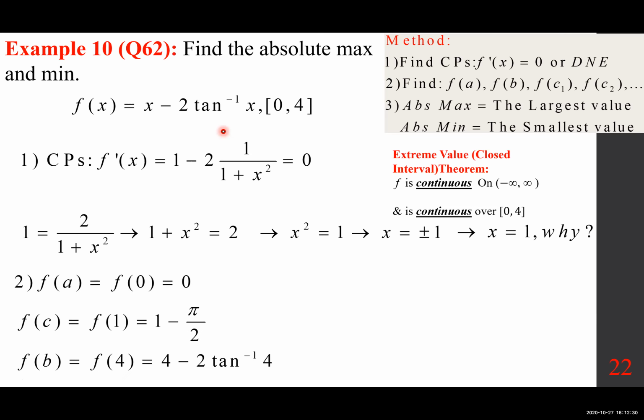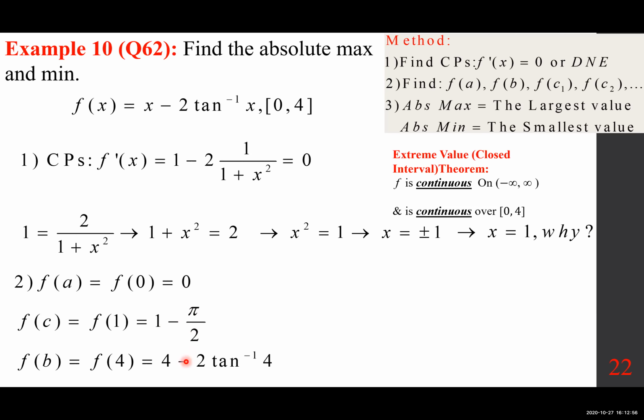Now, I hope everybody's comfortable with the concept. We are evaluating, okay? Now, you have to use a calculator to come up with that as an approximation. I hope you realize this is negative because pi is 3.14. You divide it by 2, it's about 1.57. So this is negative, 1 minus that, okay?